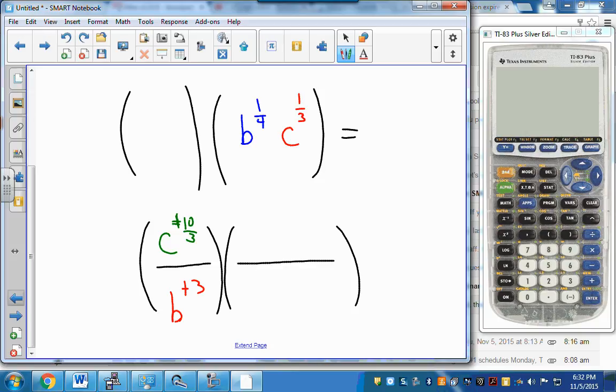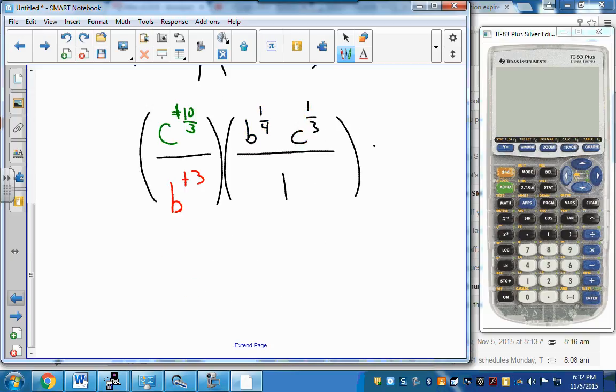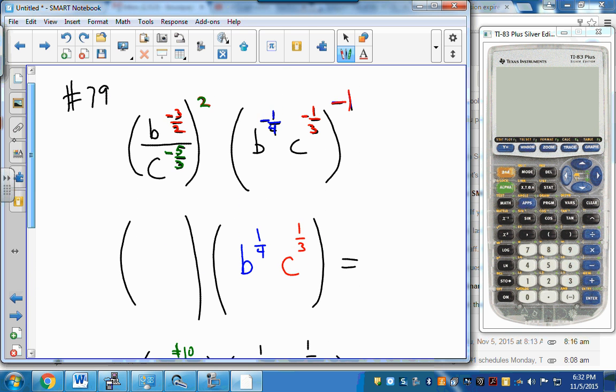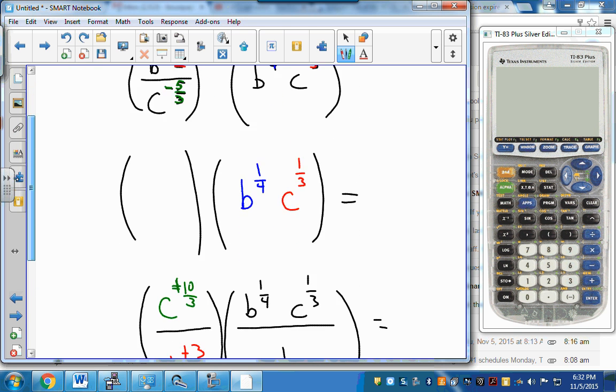I've got b to the 1/4, and I've got c to the 1/3, and I just have a 1 on the bottom. Okay, so let me make this as a big fraction bar. So c to the 10/3, c to the 1/3, b to the 1/4, and b to the 3 halves.